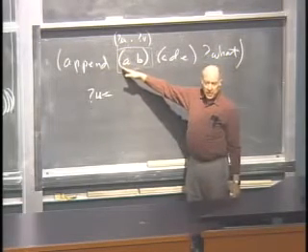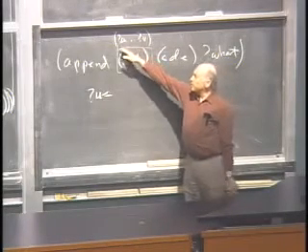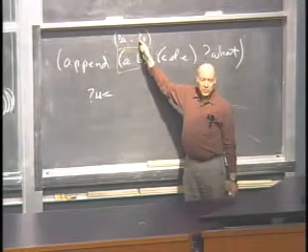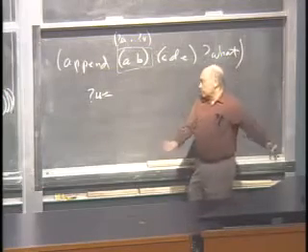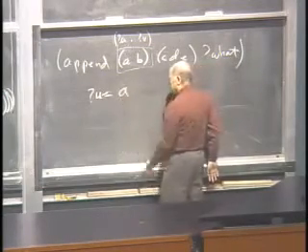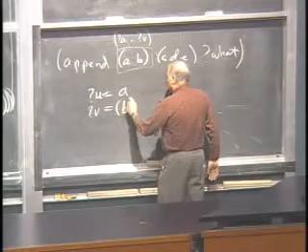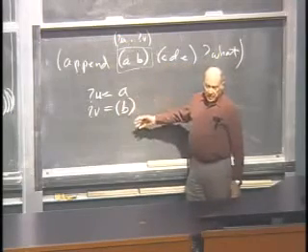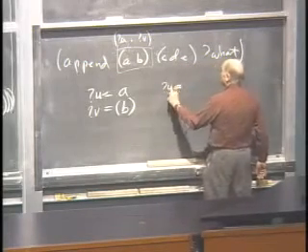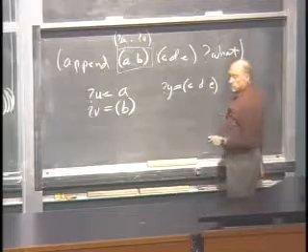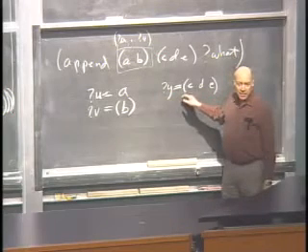This is a pair whose car is A and whose cdr is a pair whose car is B and whose cdr is the empty list. Question mark U is the car, question mark V is the cdr. So question mark U has to be the car of this list, which is A. Question mark V has to be the cdr of this list, which is not just B, but a list containing B, right? And question mark Y is C D E. And that's as far as I've gotten so far. We still have some more explaining to do, but are you with me now about this much?